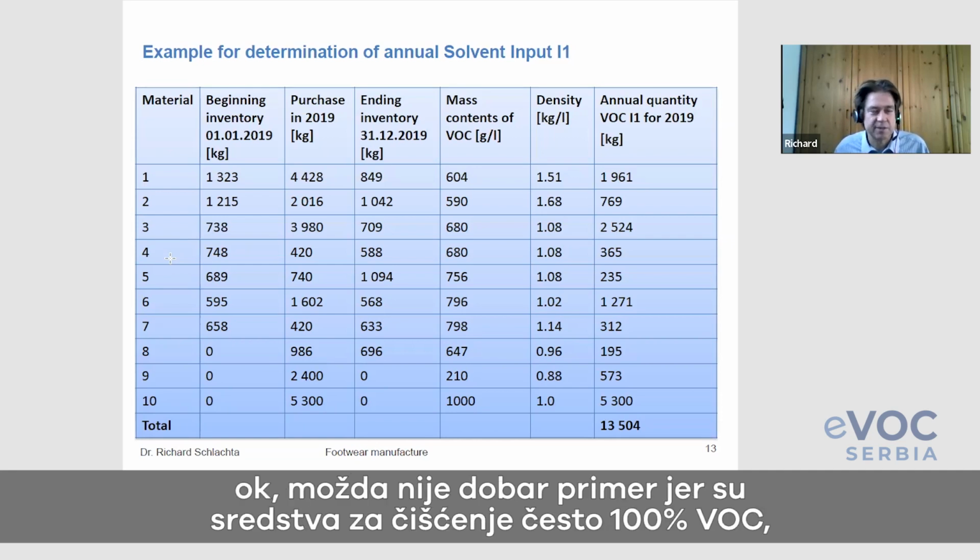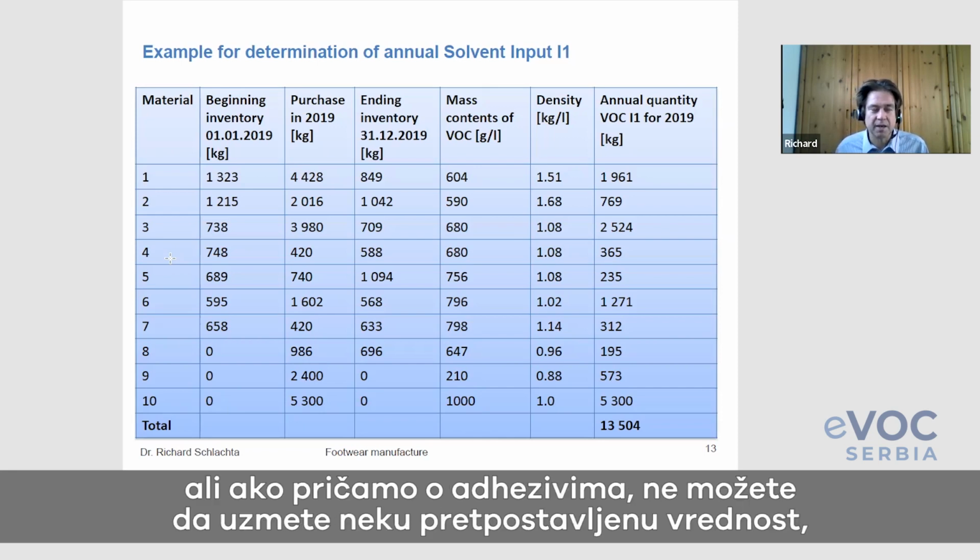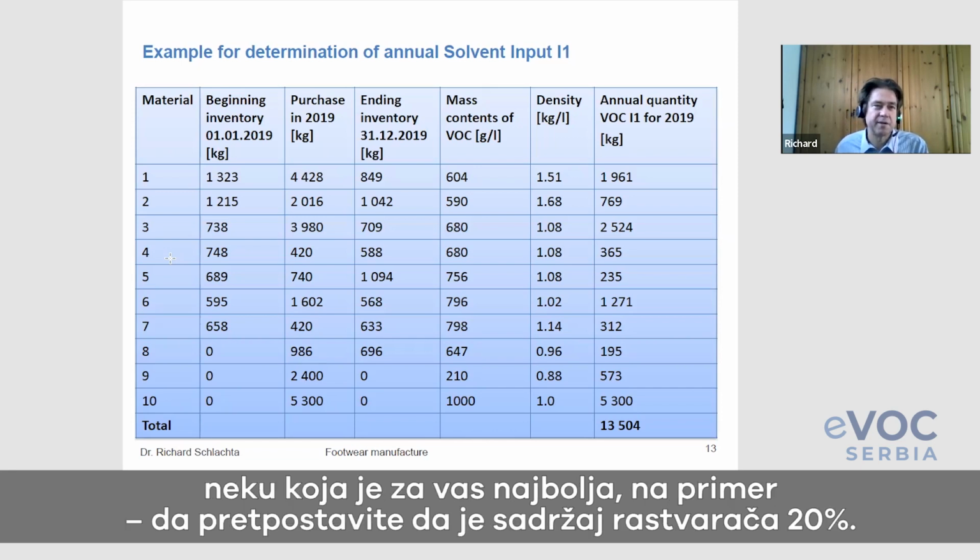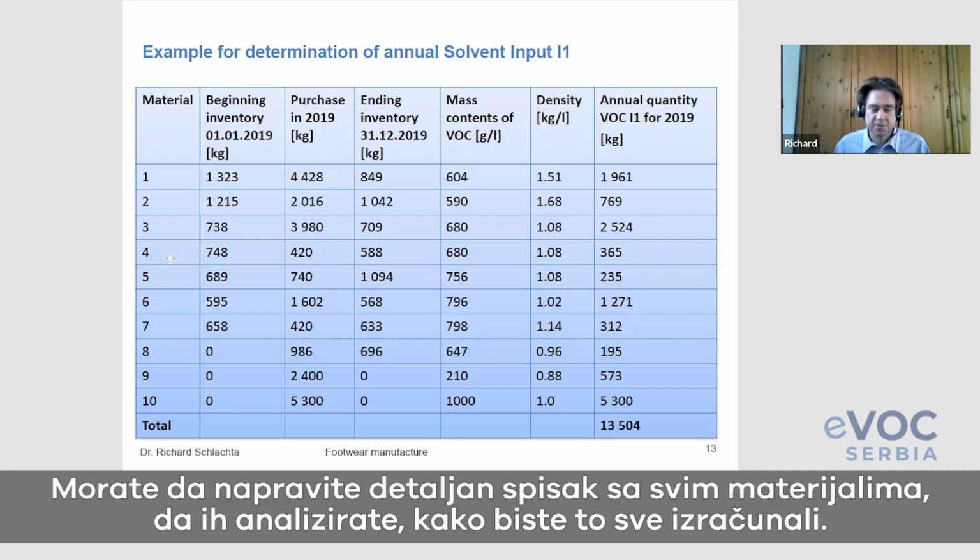Cleaners is not a good example, because cleaners very often have 100% VOC. Take adhesives: if you say, I take the best value for me, maybe 20%, that's not what you can do. You really need to list every material, analyze it, do this assessment, and you need the calculation of the quantities.